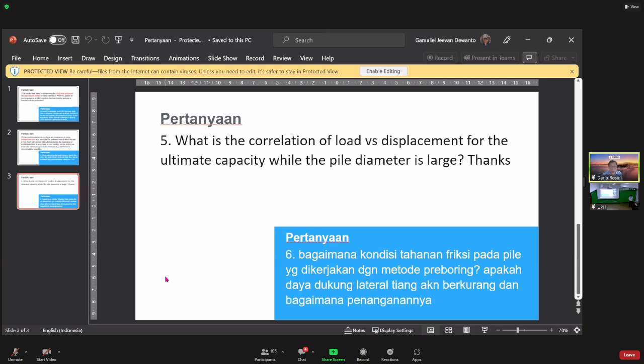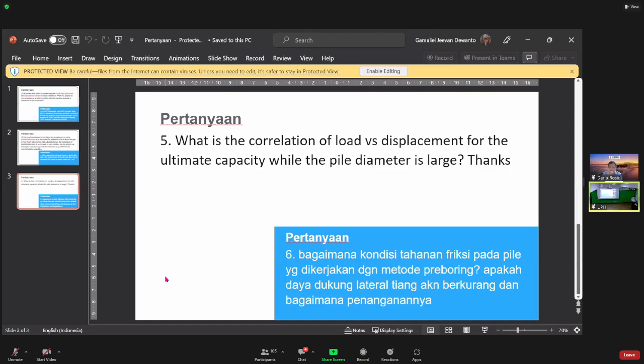Maksudnya korelasi load, berdasarkan beban dan displacement, kita bisa tentukan nggak kapasitas ultimate-nya untuk tiang yang berdiameter besar ini. Displacement, maksudnya axial load-nya. Aksial, maksudnya displacement maksudnya. Ya.